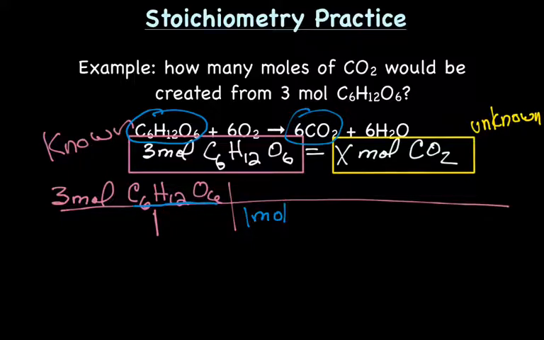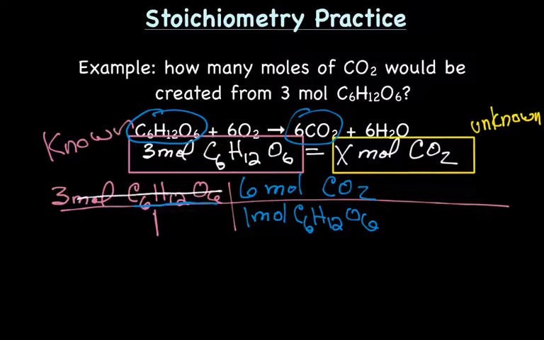So we have 1 mole C6H12O6 on the bottom. And on the top, we'll use 6 mole CO2. All right, let's cross out our units and check where we're at. It looks like our mole C6H12O6 indeed crosses out our mole C6H12O6. And you'll note there that what we changed is not units, but atom or molecule. We kept the same unit. And we're left at mole CO2, which is what we were looking for.